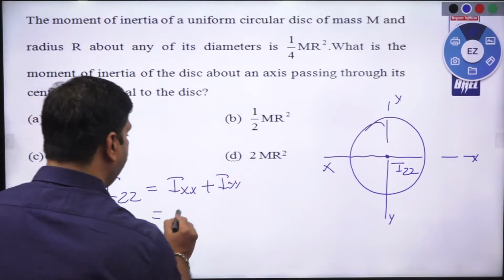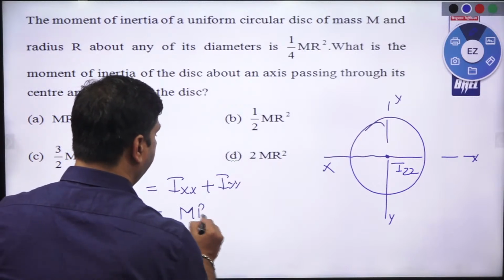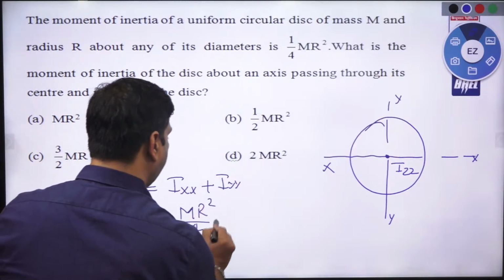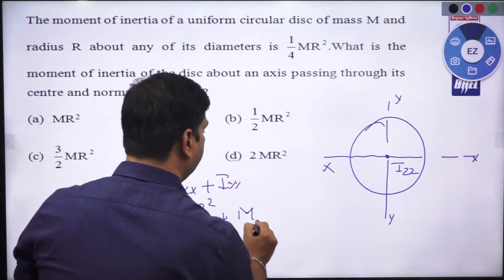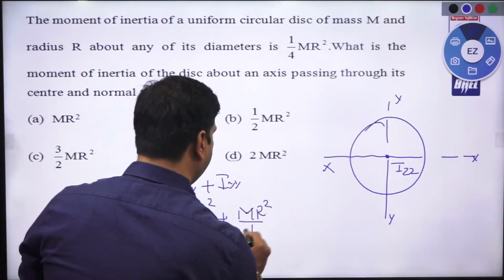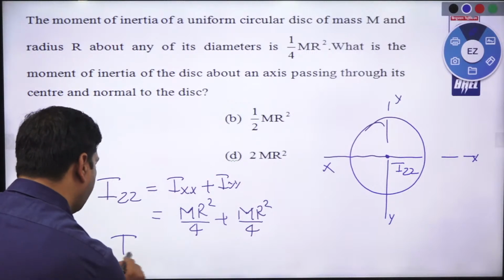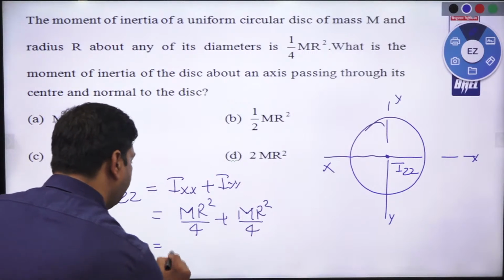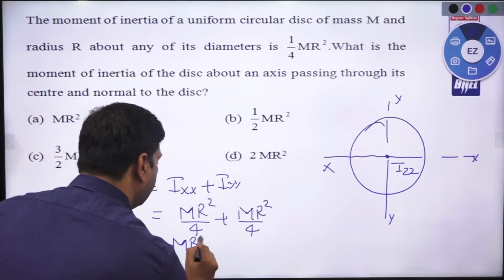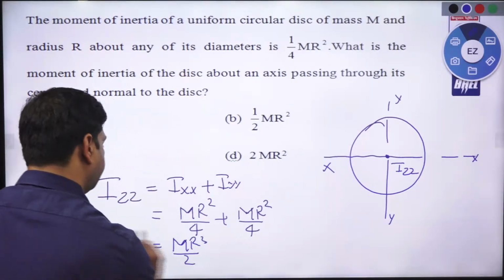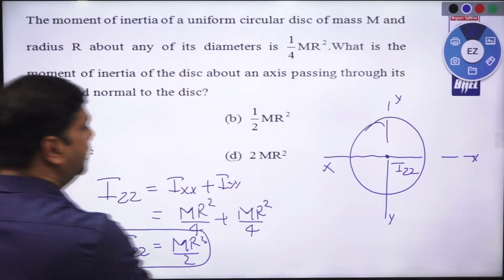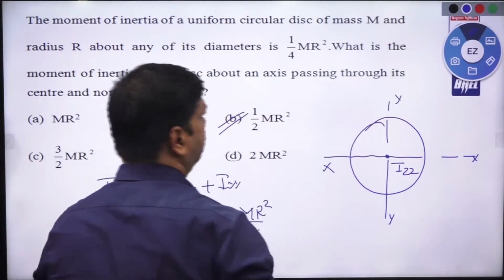So we can write mr²/4 plus mr²/4, and the moment of inertia about the centroidal axis z comes to be mr²/2. So option B is correct.